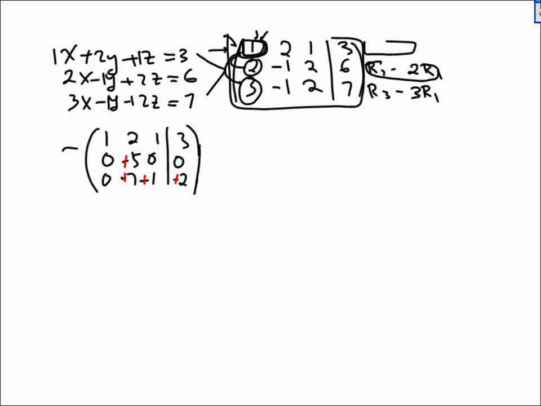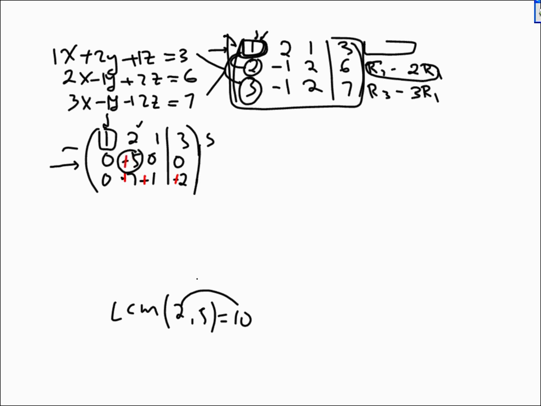First column is done. Here's my leading entry. What's below it is 0. Go to row 2. The 5 is my leading entry. I need to get what's above it and below it to be 0. To kill off the 2, well, the least common multiple of 2 and 5 is 10.